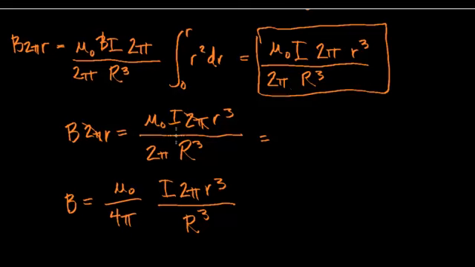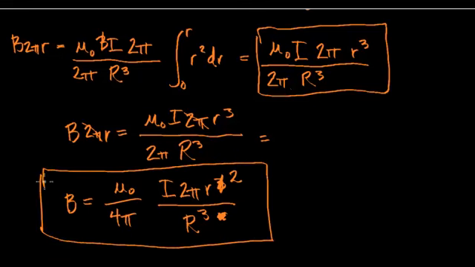Oh, I forgot to bring over a 2 pi r. So there's an r here that cancels with one of those. And so this becomes r squared. So that's how the problem gets solved.